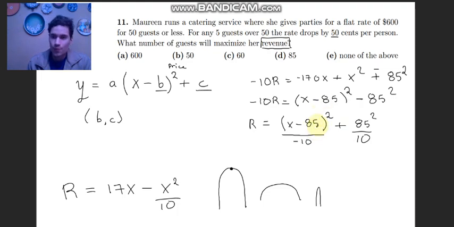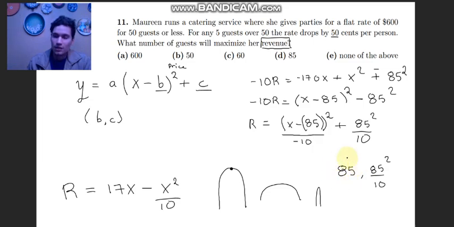And here we got the points that are representing the vertex, which is 85 and 85 squared over 10.